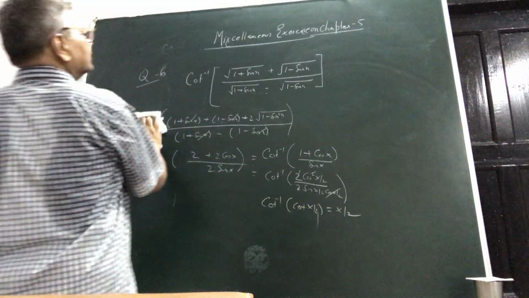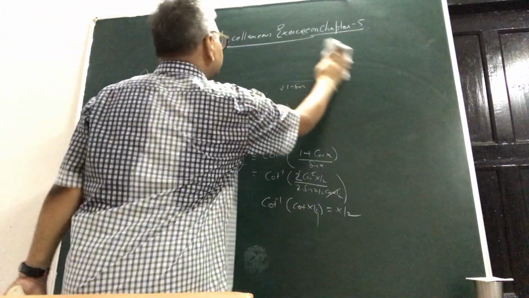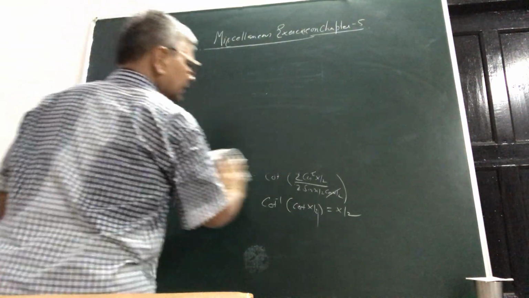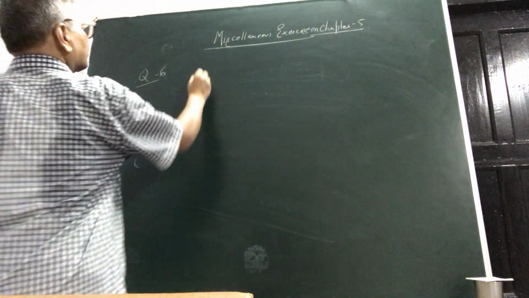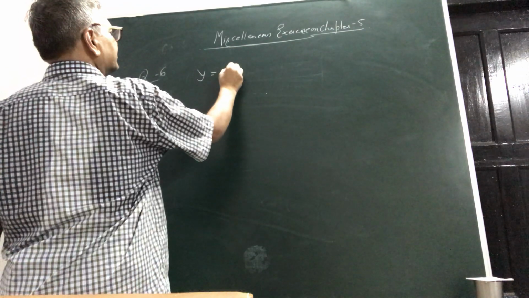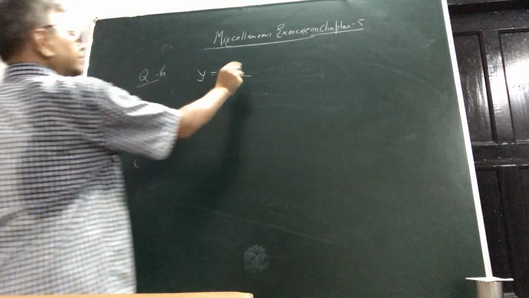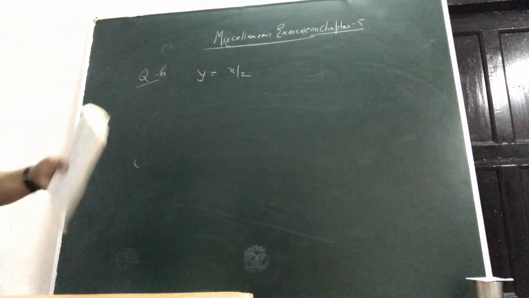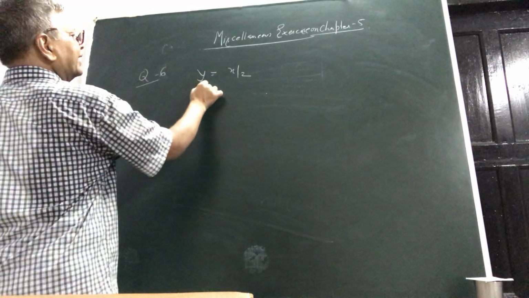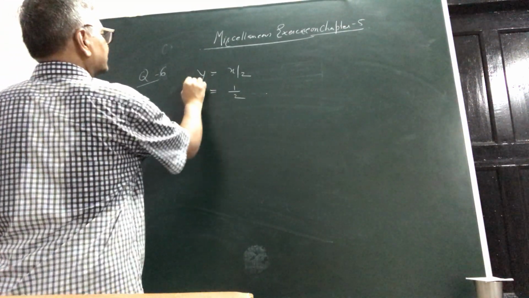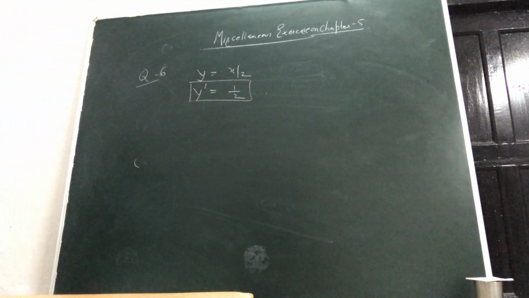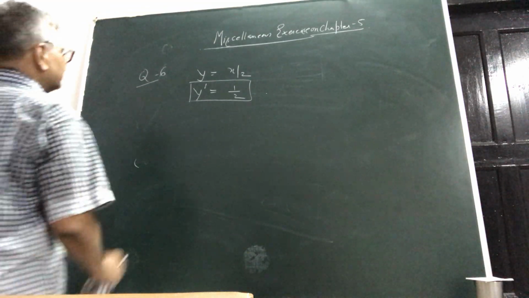Once you get x by 2, then the whole thing is simple. Yes, y is equal to this whole lot, it is becoming x by 2. Cot inverse cot x by 2, so x by 2. Now the derivative is simple, y dash is what? 1 by 2 only. So that's the answer. So this was your question number 6.